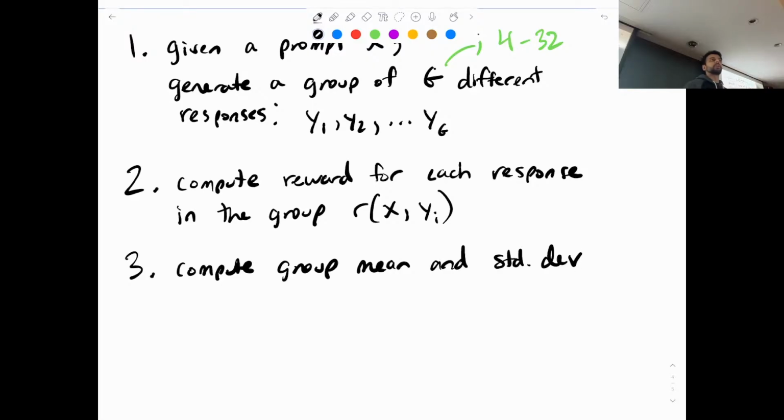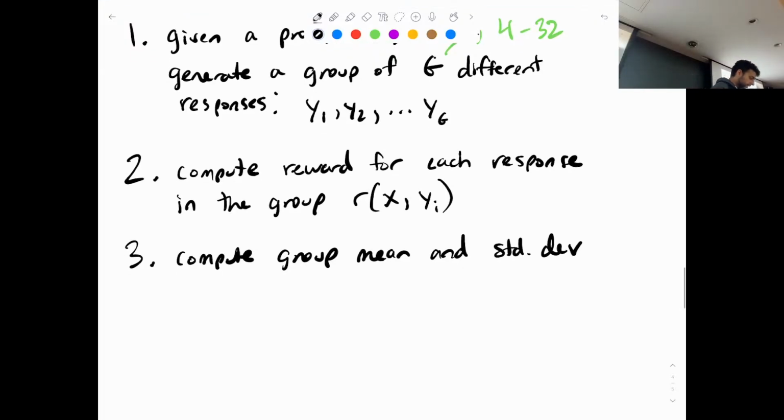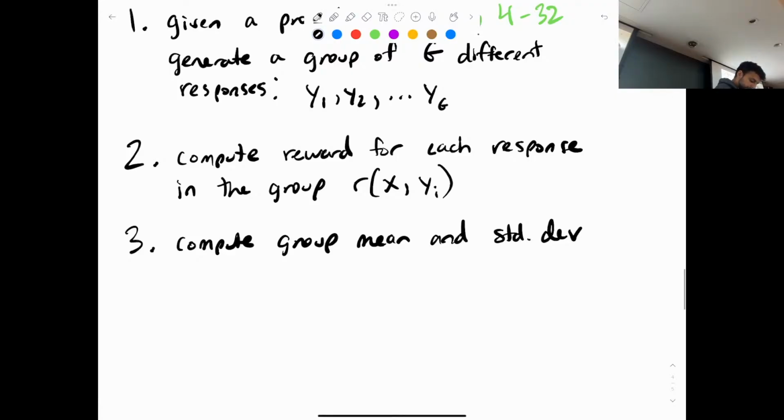Essentially, we're going to z-score all of the individual rewards in this group, where we subtract the mean from each reward and then normalize by the standard deviation. So here we'll compute the mean, which is just 1 over G times the sum of the rewards.